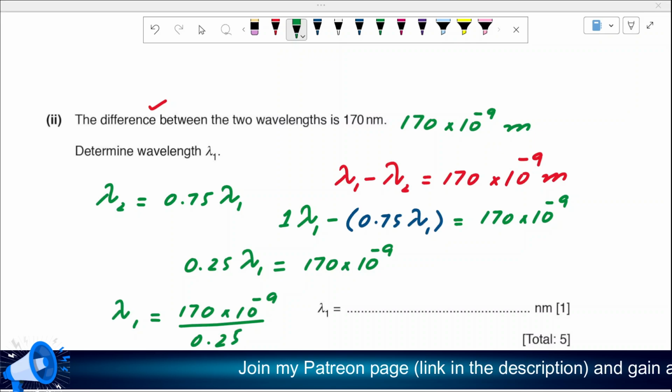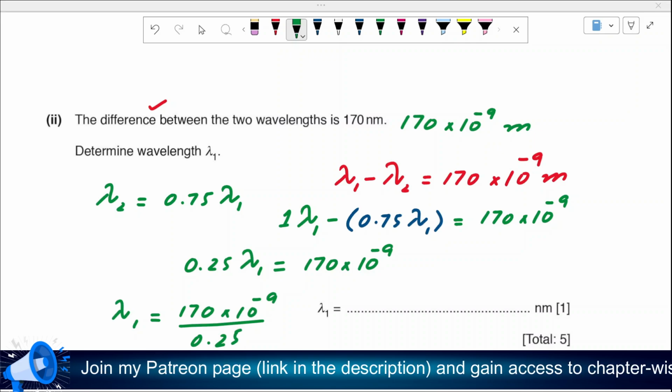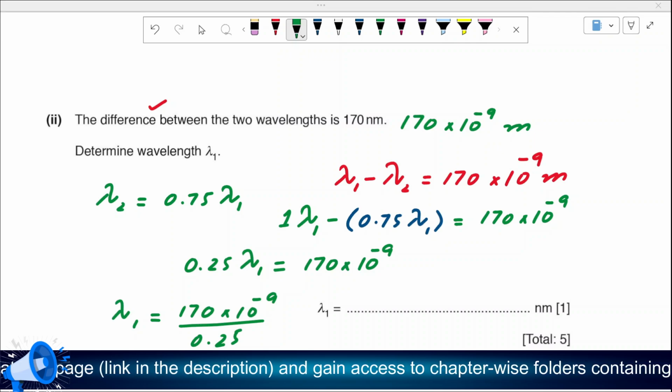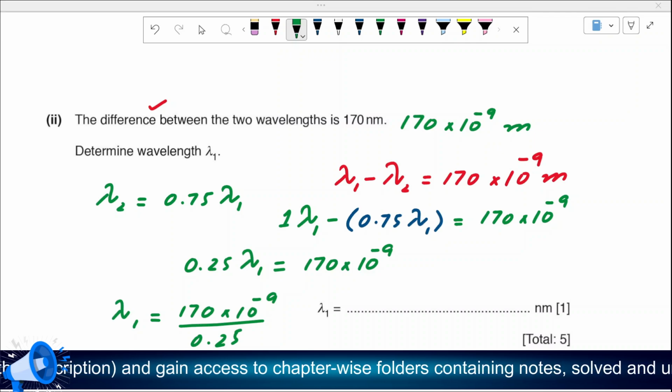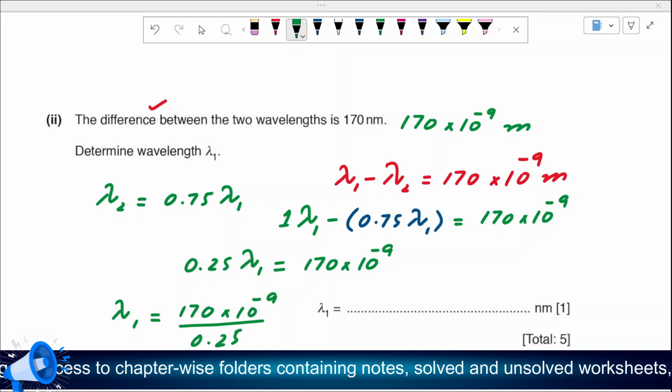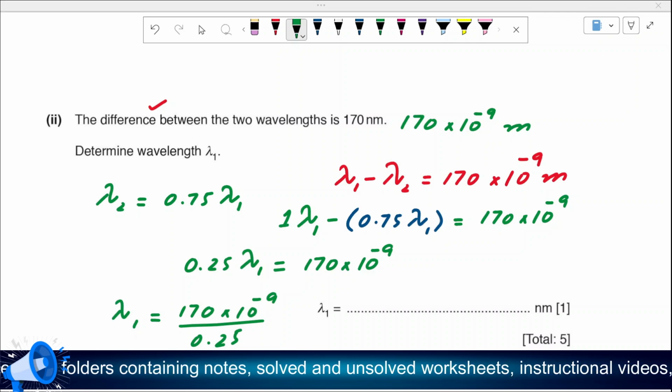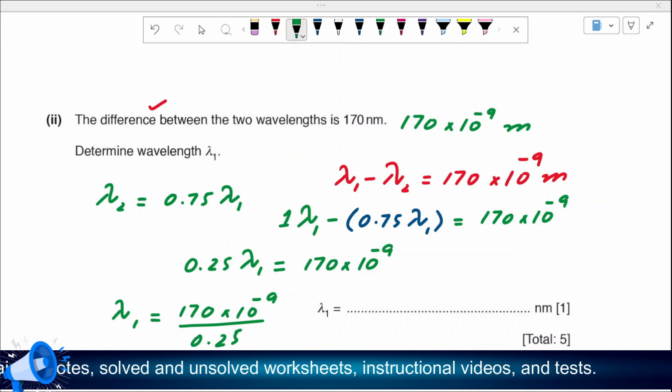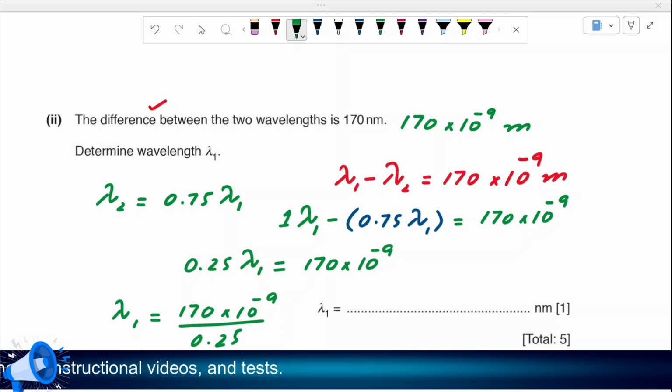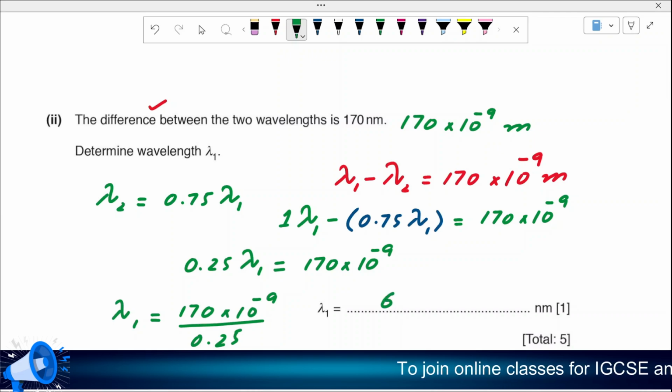Now the number should be increased to 4 times. Just multiply 170 by 4 and you'll get the answer: 6.8 into 10 to the power minus 7.